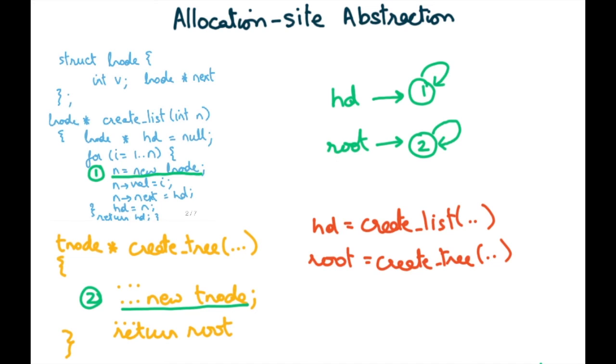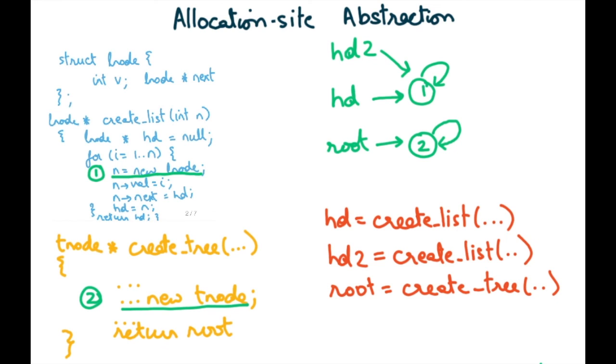Similarly, the root may point to an object of allocation site 2, and an object of allocation site 2 may point to itself through the next pointer. Once again, this looks like a nice, neat graph that allows us to reason about several aliasing and points-to relationships and rule out several may-point-to relationships. And so the allocation site abstraction works well for this example where there's both a list and a tree, unlike the recency abstraction, which didn't work that well.